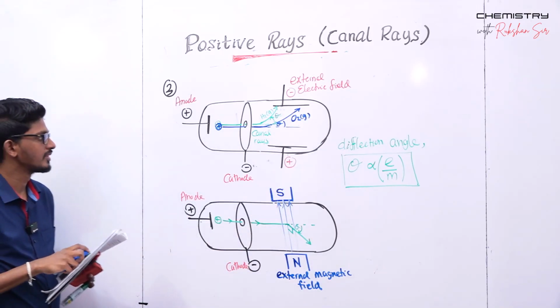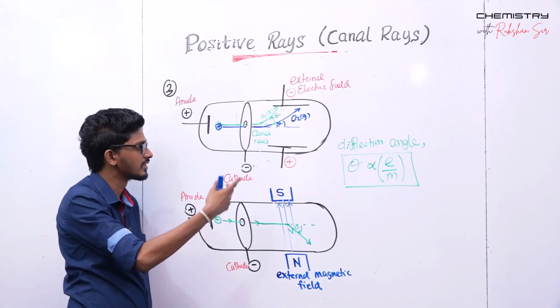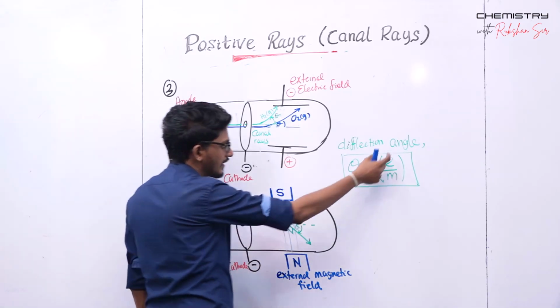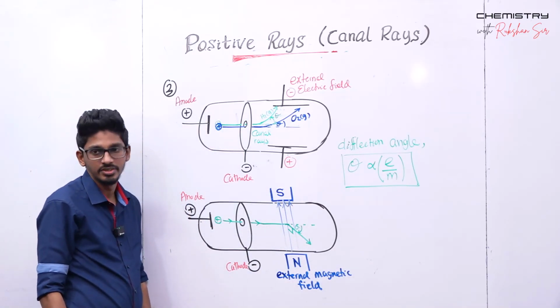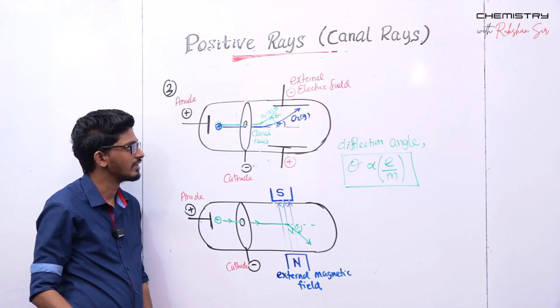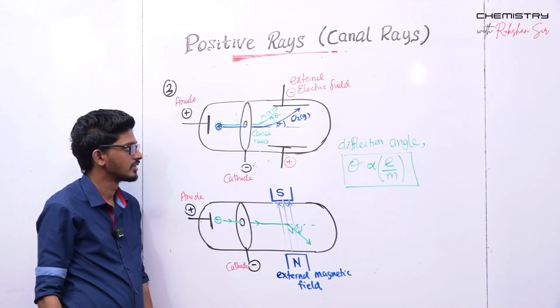So when you use different gases inside the tube, the deflection angles, that means the e/m ratios, differ. That is a very important observation for canal rays, or positive rays.